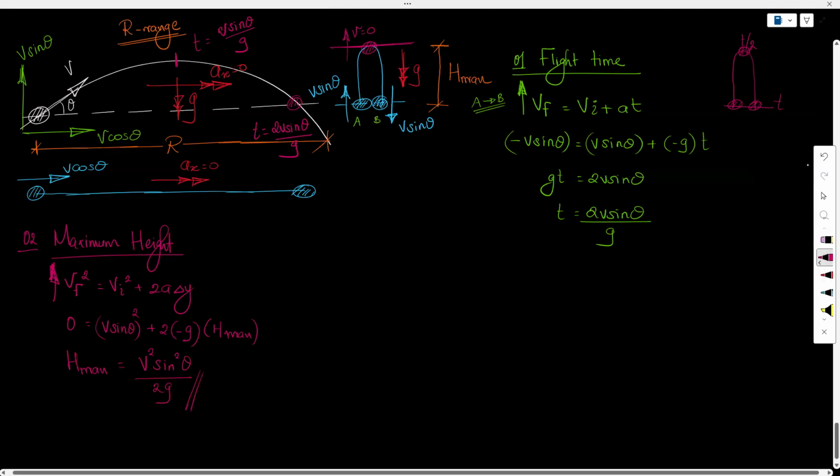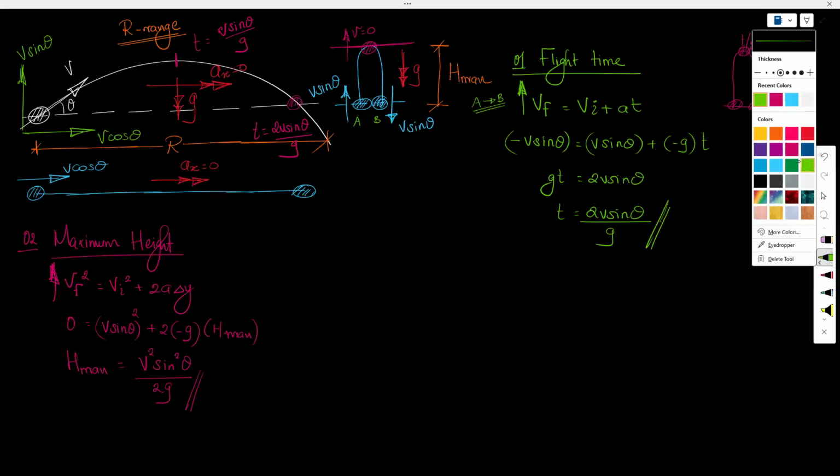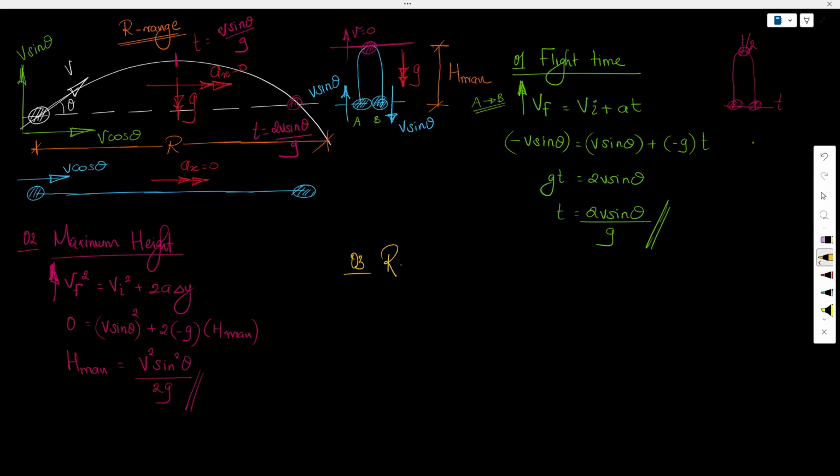Right. So we have got the flight time and we have got the maximum height. The one thing that is left is the range. How can we find the range? In order to find the range, we have to use something that shows the range, which is the horizontal projection. So only now are we moving on to the horizontal projection.